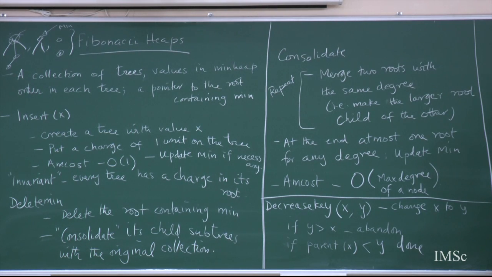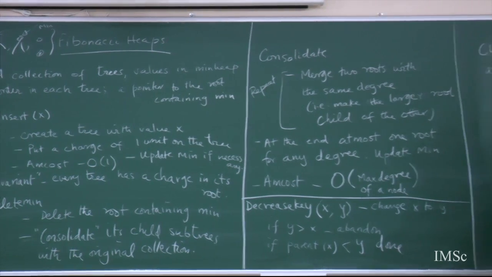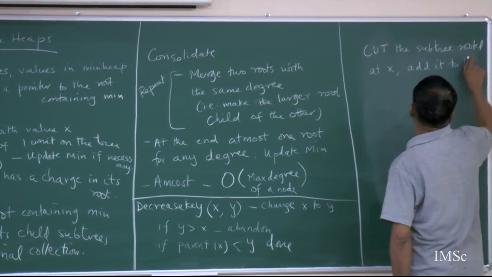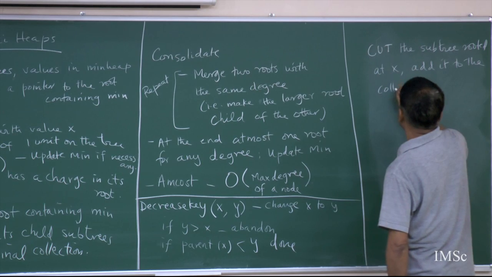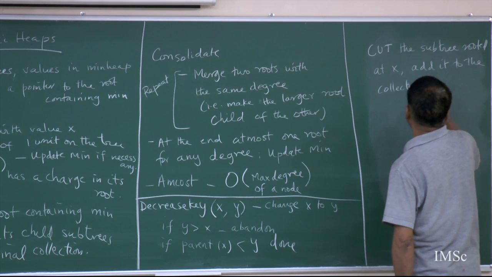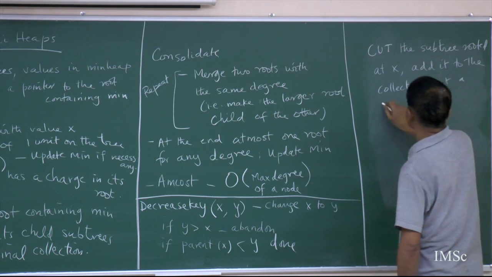Otherwise, we don't want to go up the tree and do all that, because that's going to take log n time. So what we are going to do is the following. Cut the subtree rooted at x, add it to the collection, put a charge of 1 unit.